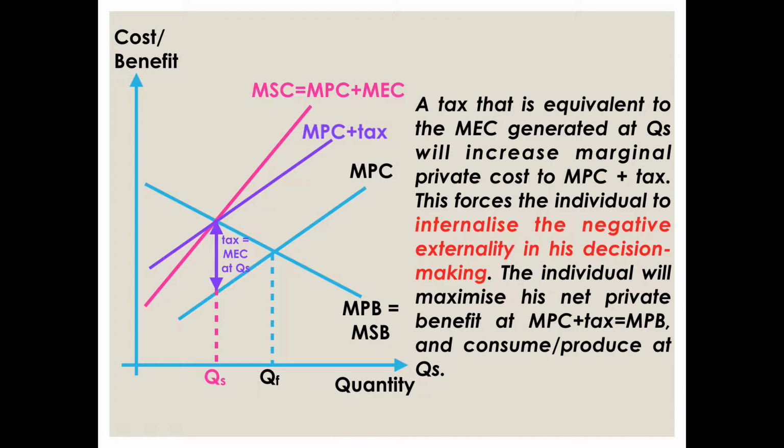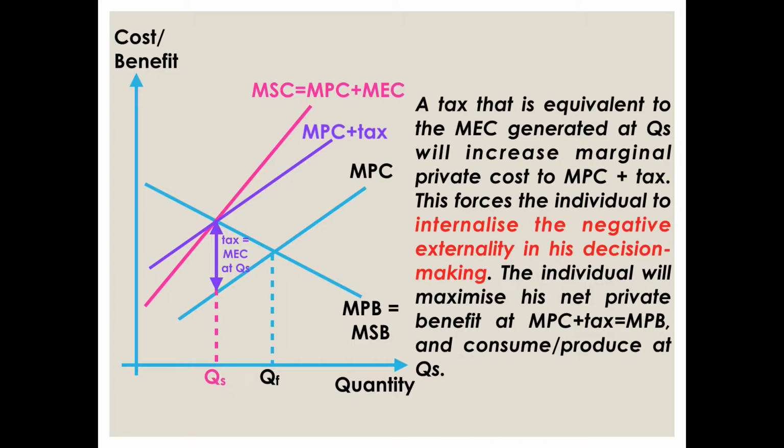That means the tax actually forces the individual to consider the negative externality that he generates when he consumes or produces a particular product. So when he internalizes the negative externality that is generated, he will maximize his net private benefit at MPC plus tax equals MPB, and he will consume or produce at QS.